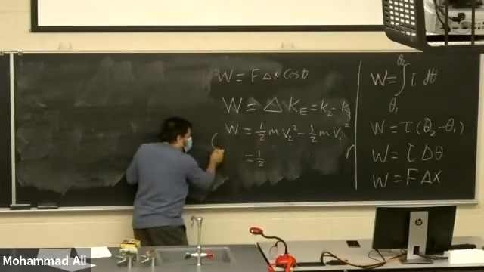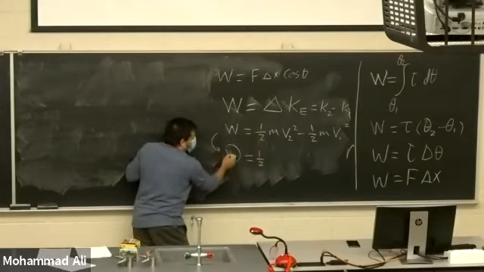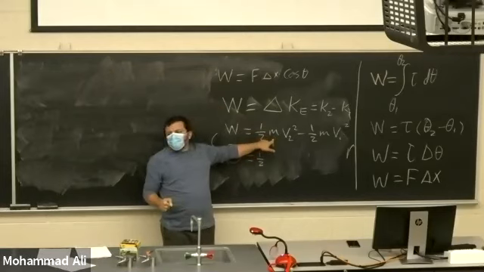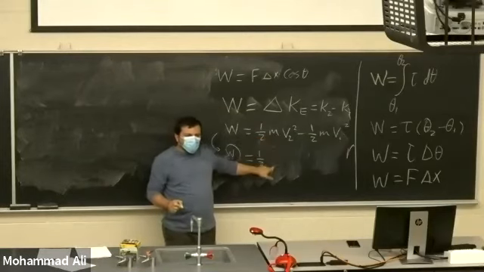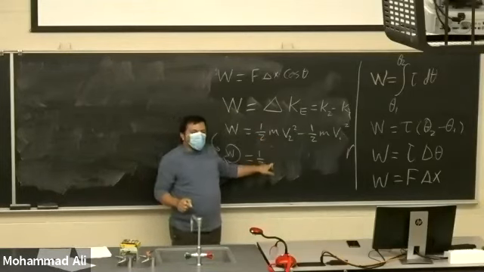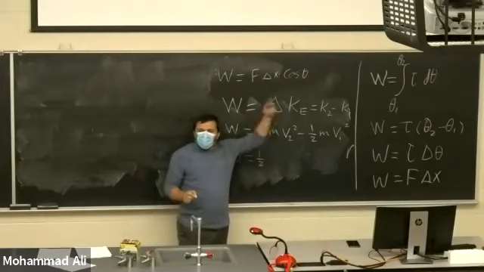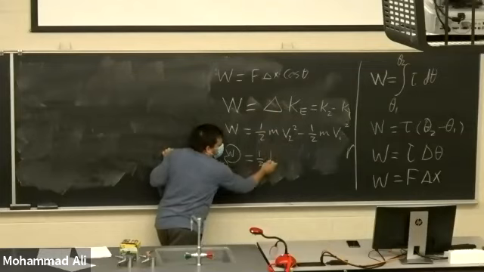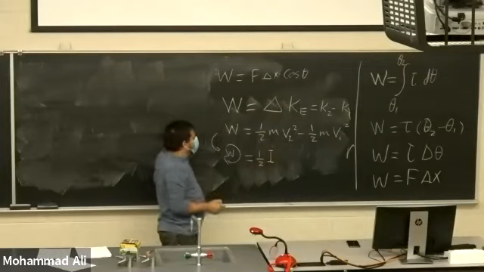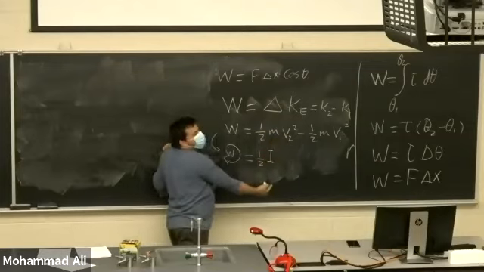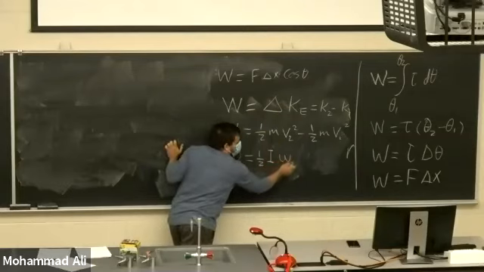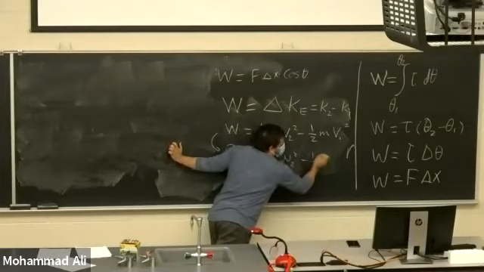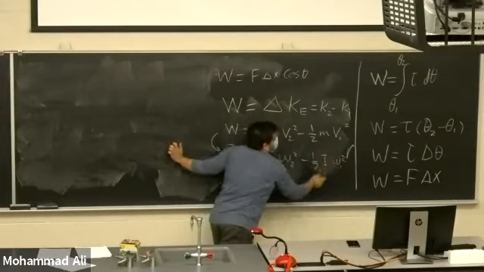I'm moving now to angular motion. We need to remove m from linear motion. What do we need to put? What is the mass in rotational motion, the rotational mass effect? It is the moment of inertia. What is v in angular motion? It is omega. It is half I omega 2 squared minus half I omega 1 squared.